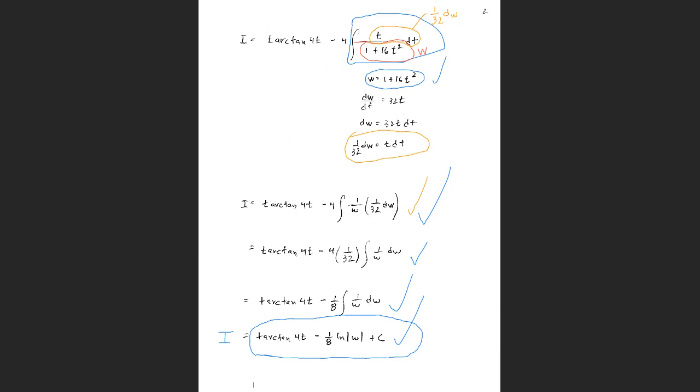No, you need to convert the W. That's right. Good, good. We need to substitute in the W, because remember the original integral was an integral with respect to the variable t. So my answer has to have t variables in it.